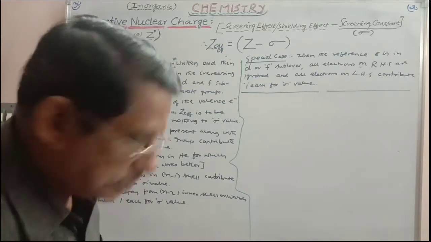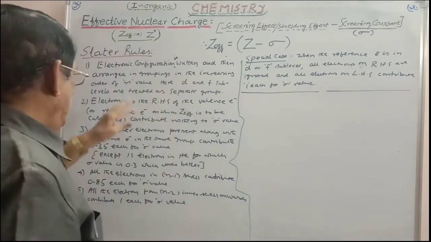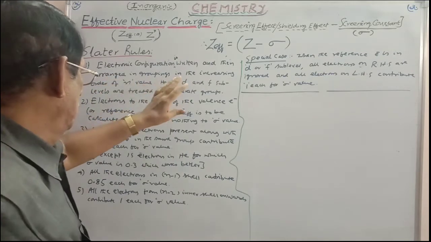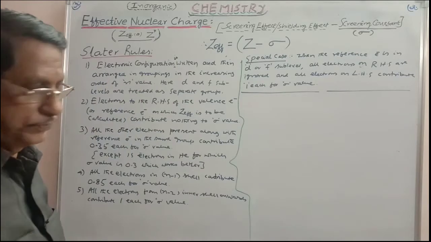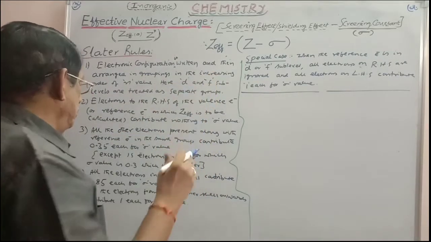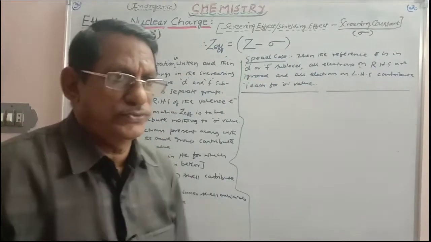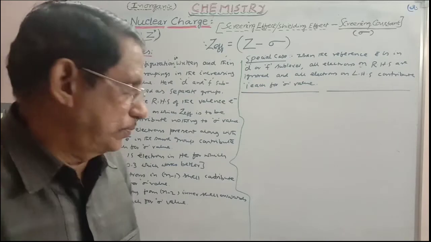Electron configuration is written, and then you have to arrange all the groupings in the increasing order of n value. Here d and f sublevels must be treated as separate groups.